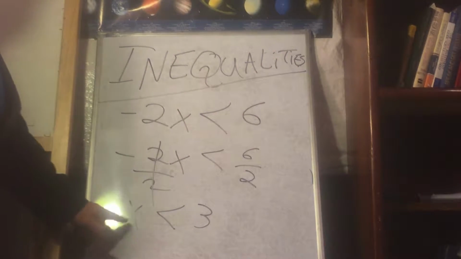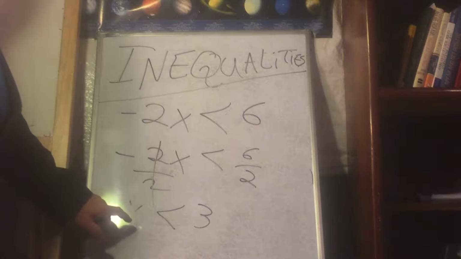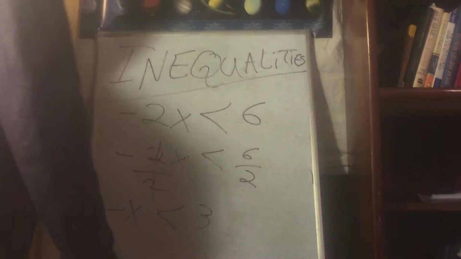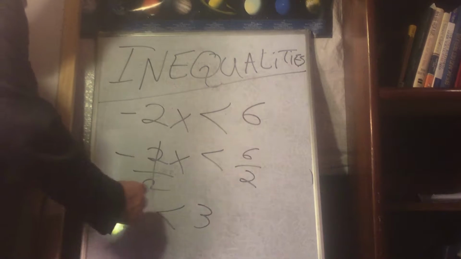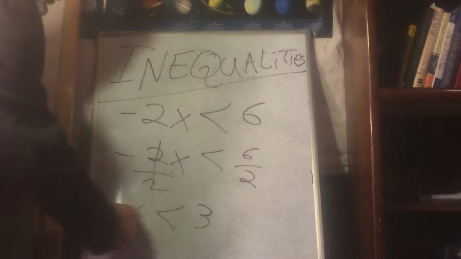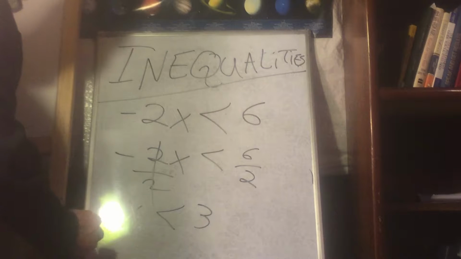Now, is this x? No, this is negative x. We need the regular x, the positive x, what I call regular x. So what we have to do is multiply the whole thing by negative 1 in order to know what x is, the regular x.